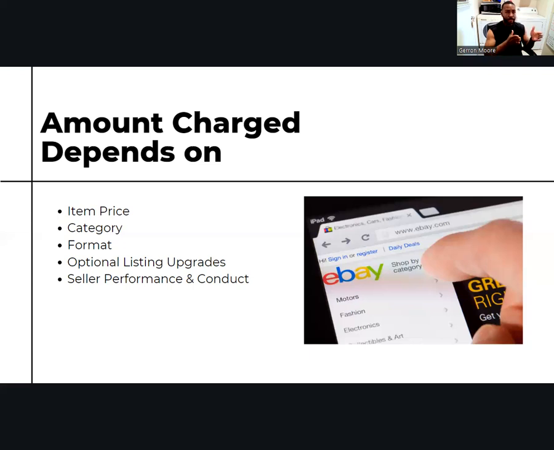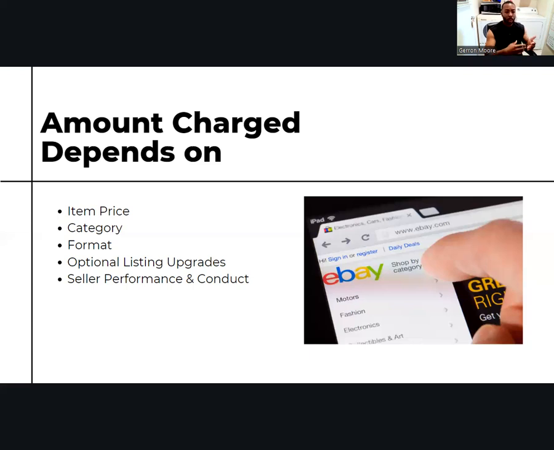If you aren't performing very well on the platform, eBay has the right, and they often do, to penalize you. If you aren't getting your items out on time, or you fall below the seller performance level, like if you're below standard, then they're going to assess a penalty on you, and you're going to have to pay more fees.